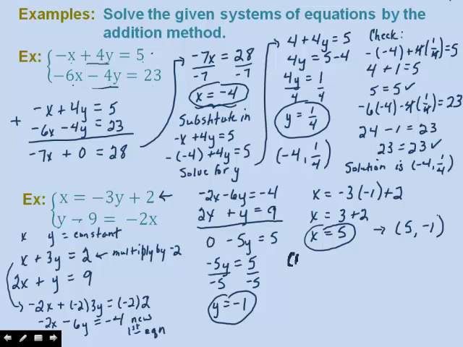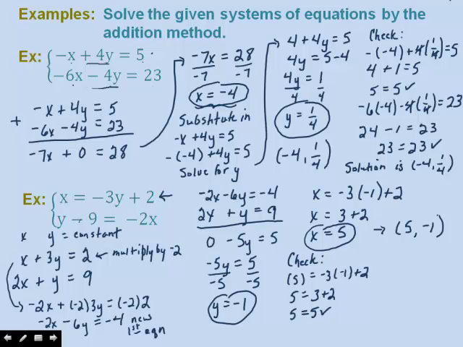We want to check this solution. So we're going to check it in our original two equations. In the first equation, we have 5 is equal to negative 3 times negative 1 plus 2. That gives us 5 equals positive 3 plus 2.